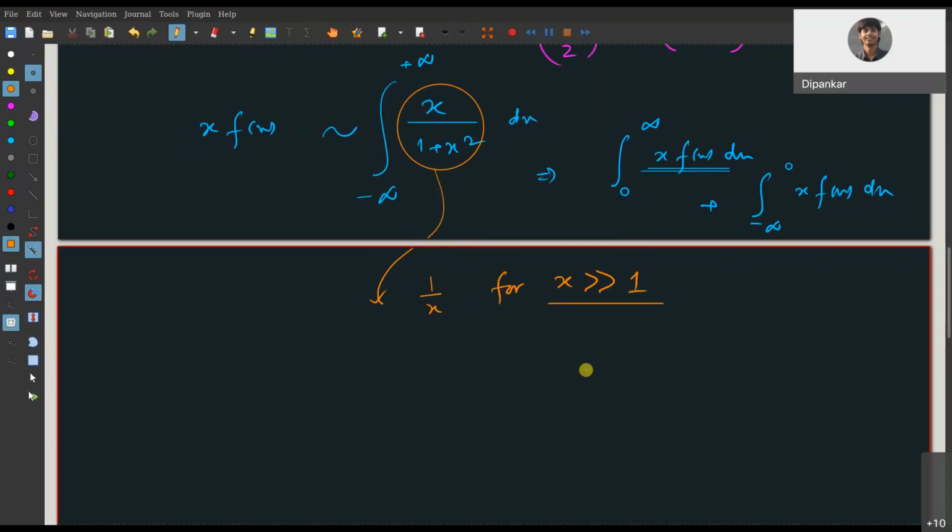So when x is large, you can ignore this 1, and x square remains, and this x by x square is just 1 over x. If you integrate this 1 over x, you just get log x. So both these integrands are logarithmically divergent.